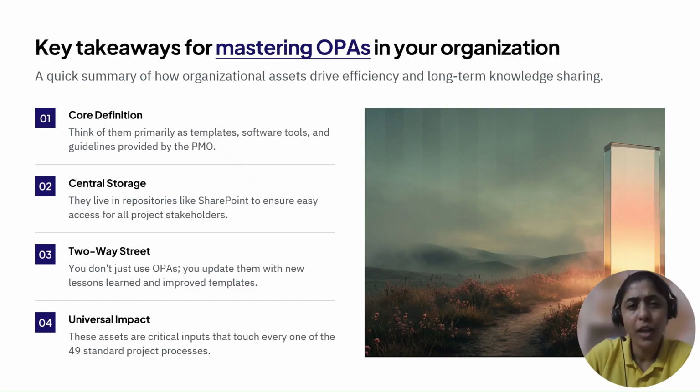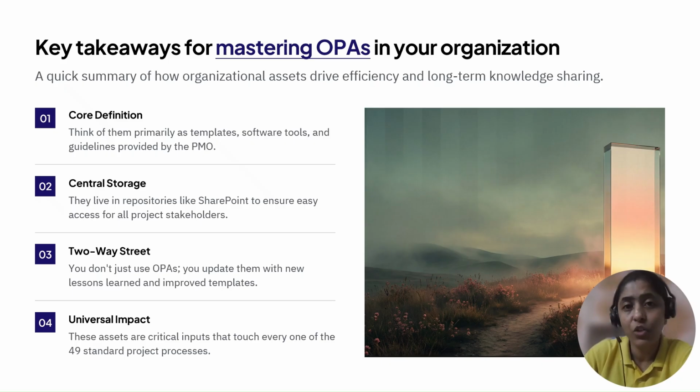Now, let's pause and bring everything together with four ideas. First is the core definition. Think of OPAs primarily as organizational templates, software tools, guidelines, procedures, and knowledge that help the project team perform their job better. Second, central storage.